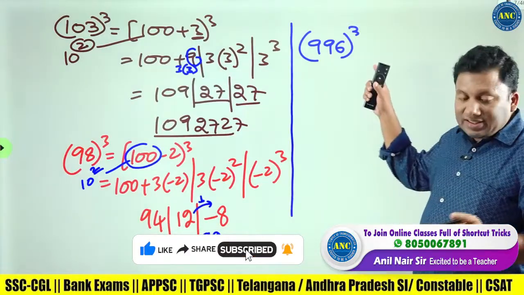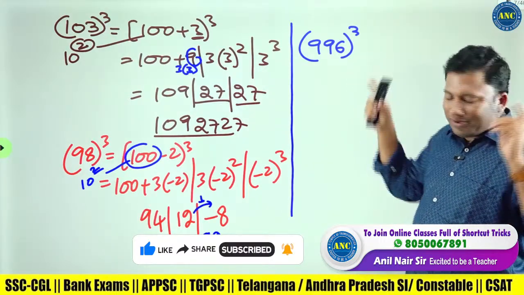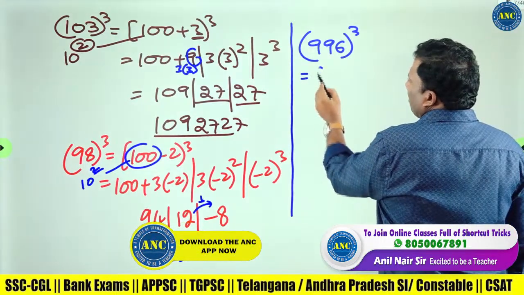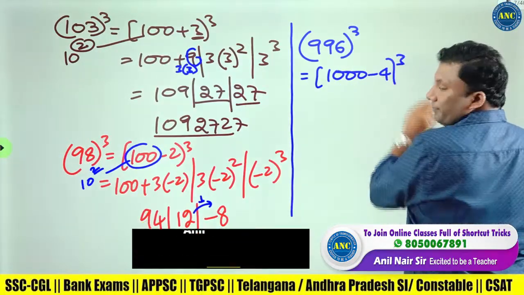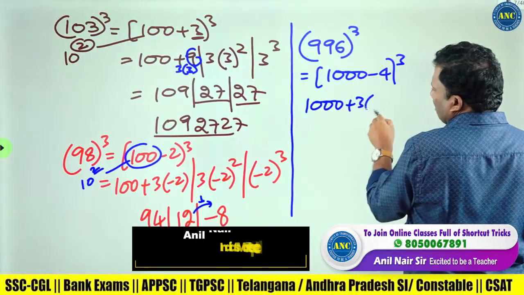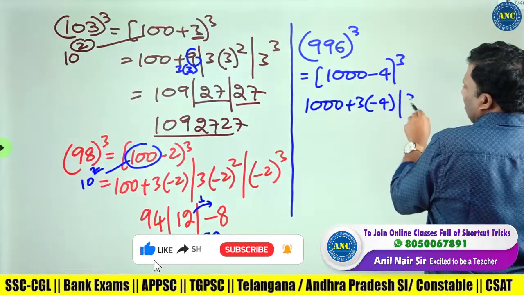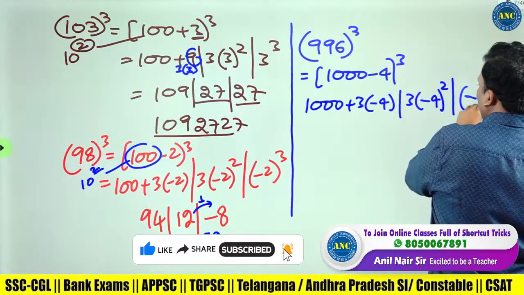That is the reason I said, if you take A 99 B 6, the complexity will grow. So this will become 1000 minus 4 power 3. This will become b plus 3x. Next it is 3x square, and next it is x cube.